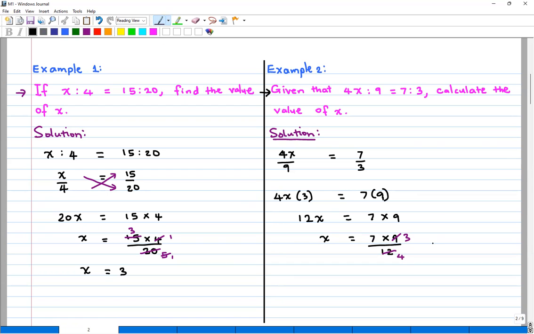So we remain with 7 times 3 out of 4, and so x will be 21 out of 4, which is the same as 5 and 1 out of 4. So x is the same as 5 and a quarter.